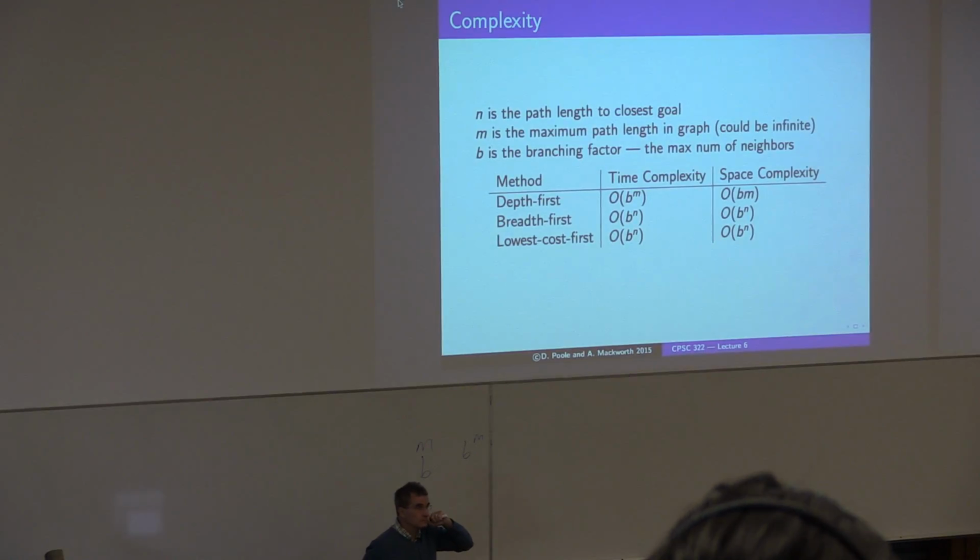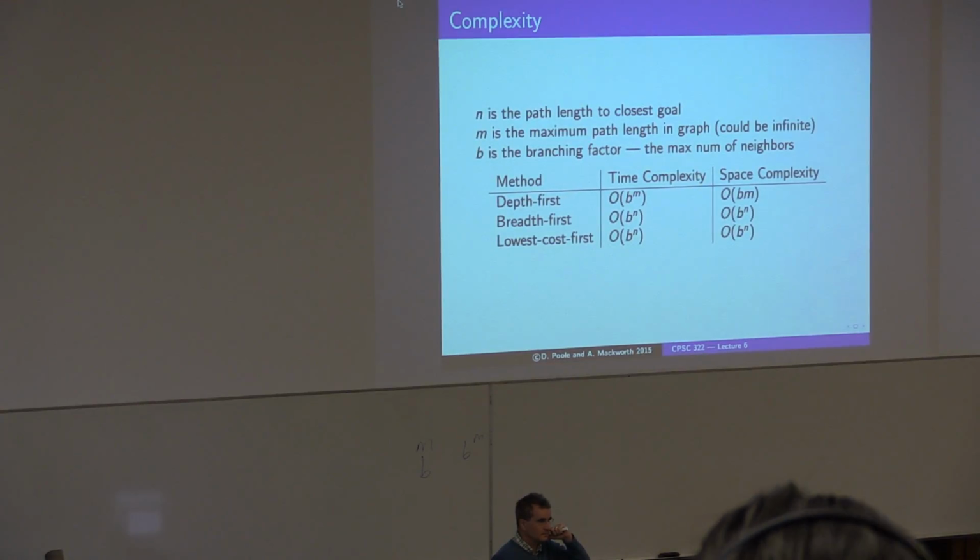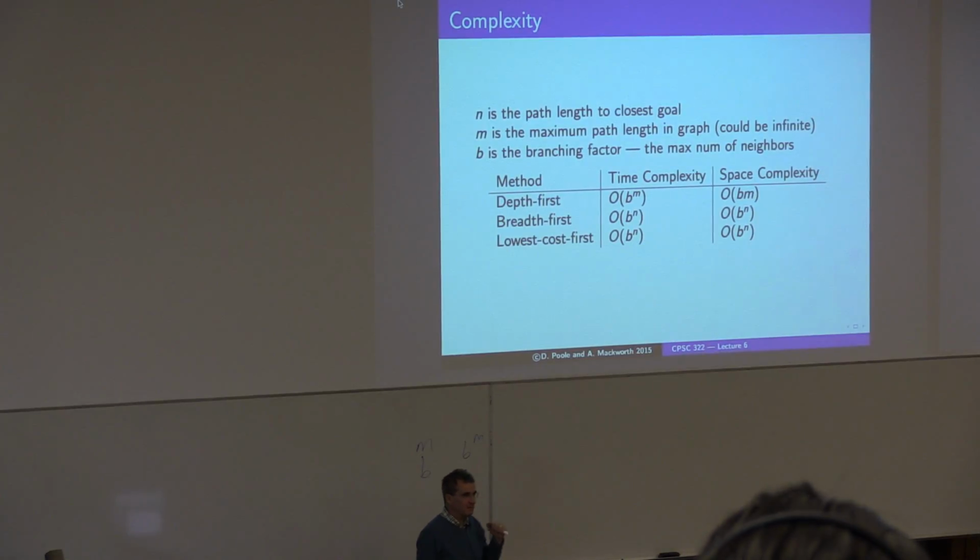Yes? Usually, conventionally, when we discuss time complexity, we refer to the number of nodes and number of edges in our calculations. I was wondering if you could elaborate on the advantage of using path length and the branching factor as opposed to just the number of nodes. Because a lot of the problems we have infinitely many nodes, are unbounded graphs, and breadth first and lowest cost first don't actually depend on the number of nodes.